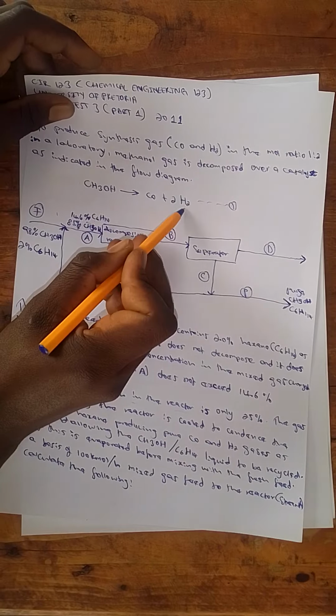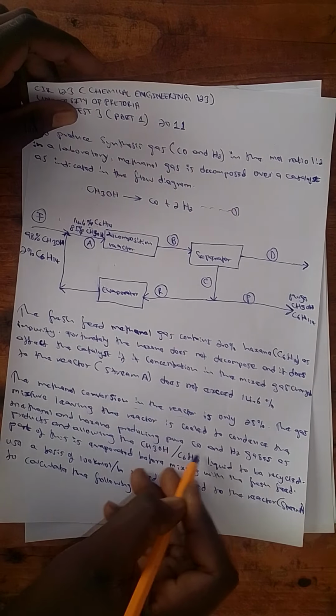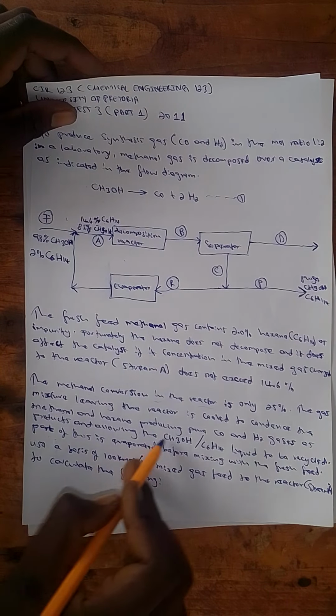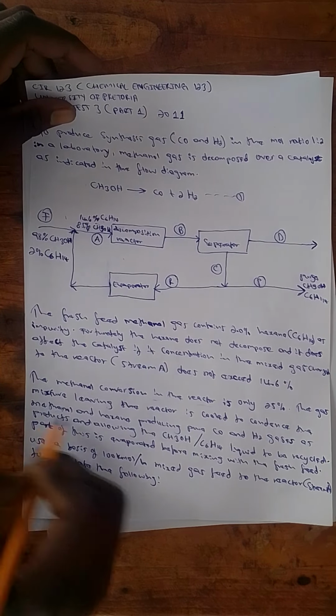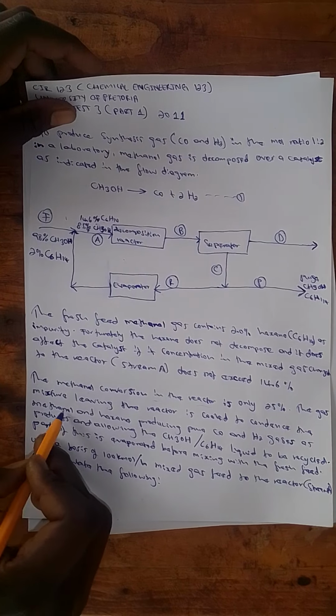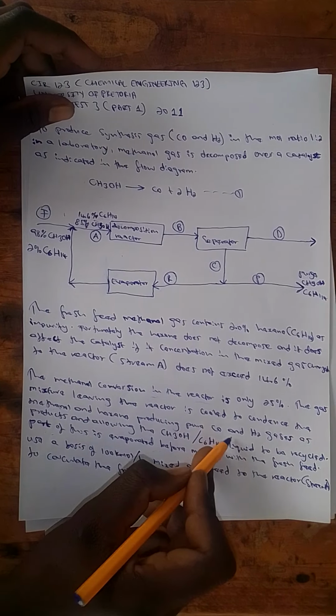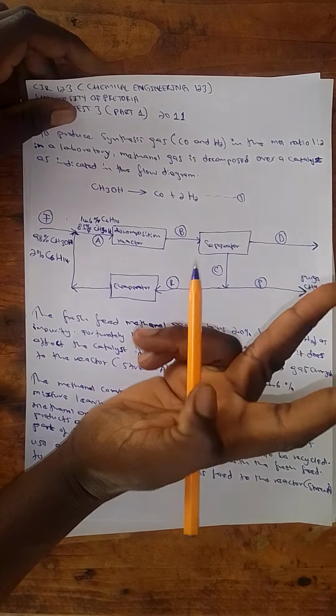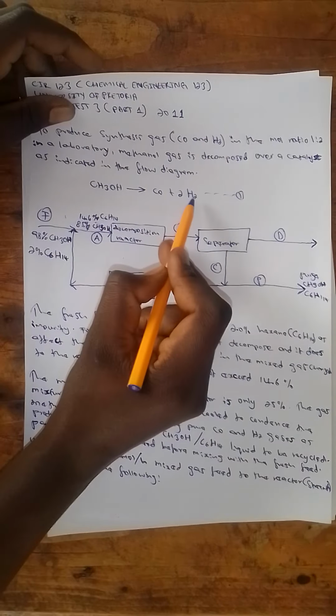It's actually CO and H2. That's why they are saying that the liquid produced, they call it pure. It says to condense the methanol and the hexane, producing pure CO and H2, which means in here, after the separation, there are only 2 gases. It's CO and H2.